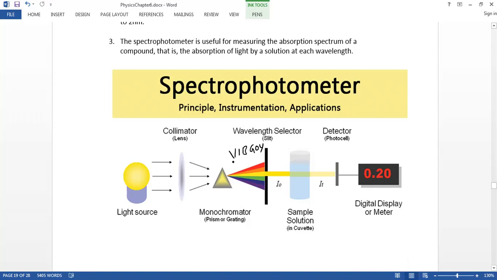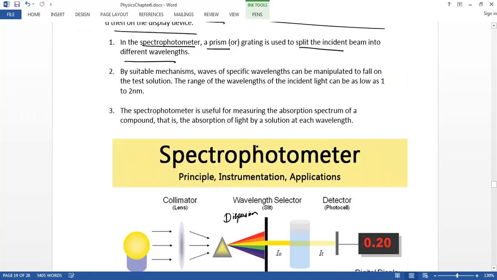The dispersion process happens here. Dispersion is nothing but splitting white light into its constituent colors. In the first step, the prism splits the white light into its constituent colors.